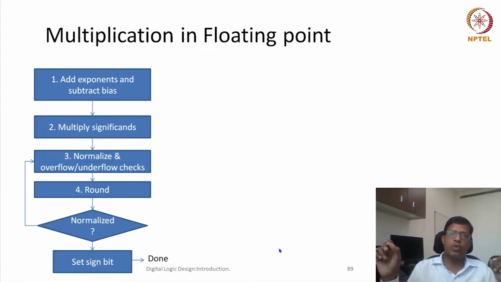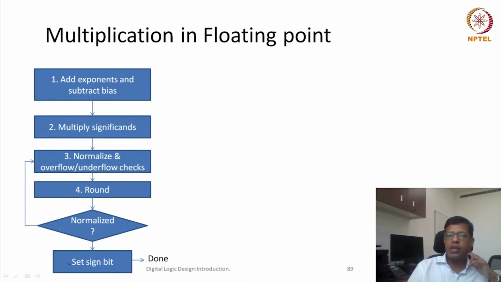First we add the exponents, second we multiply the significands, third we normalize, and fourth we round. So the steps are very similar to whatever we did for addition. After rounding, if it is not normalized, then we normalize and round again, and so on until it is normalized.